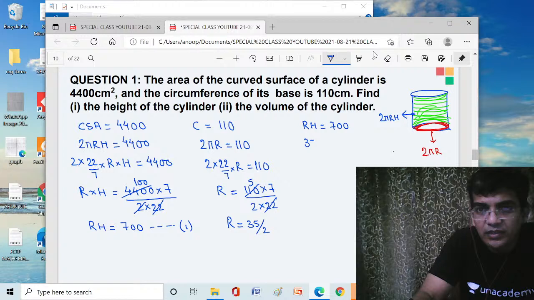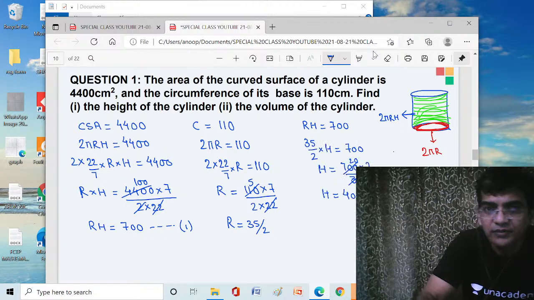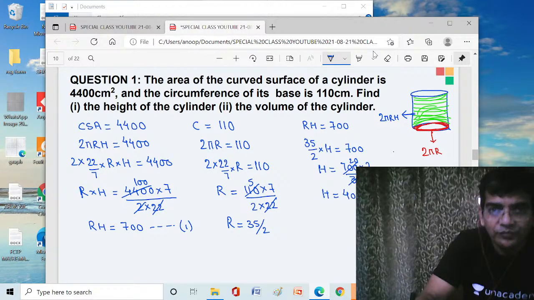So we have calculated the radius, and we have calculated the height. Is this clear to you? The first part asked us to calculate the height. Now the second part says, find the volume.